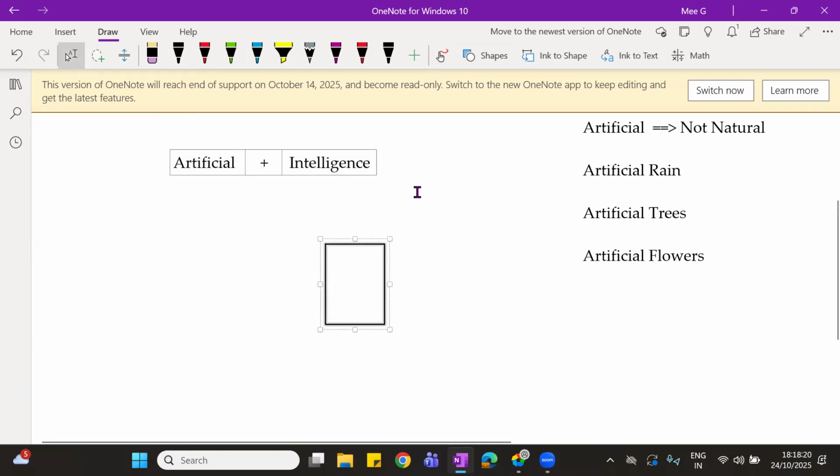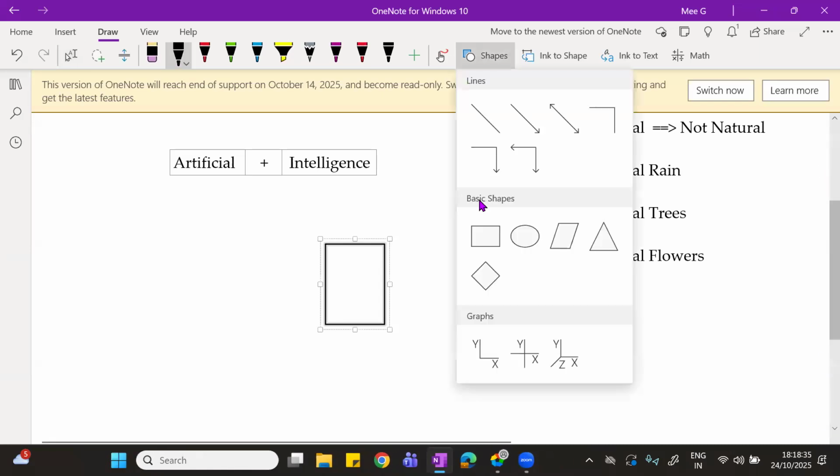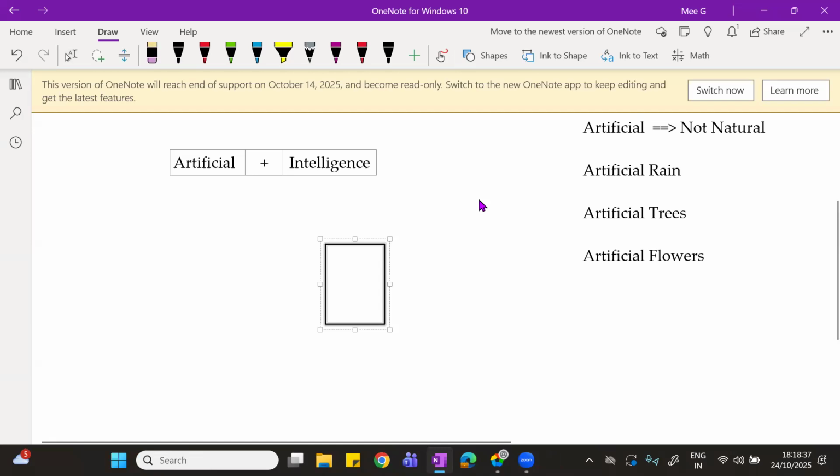Now you are going to give intelligence to this machine, and this machine will become intelligent and it will act like humans.